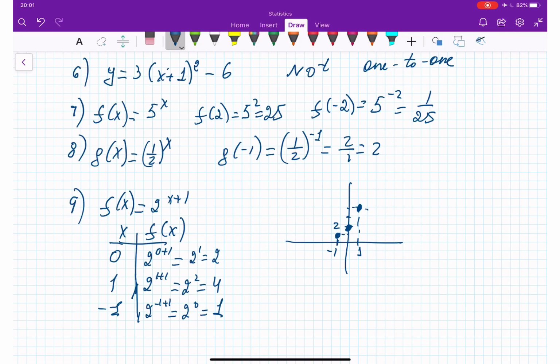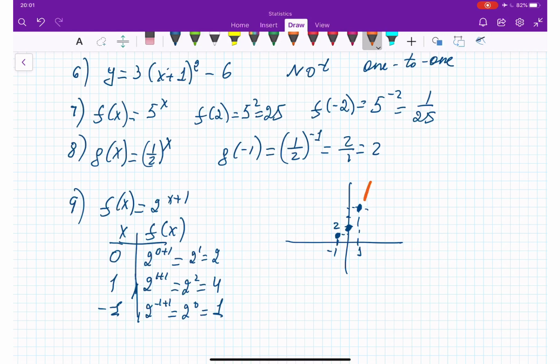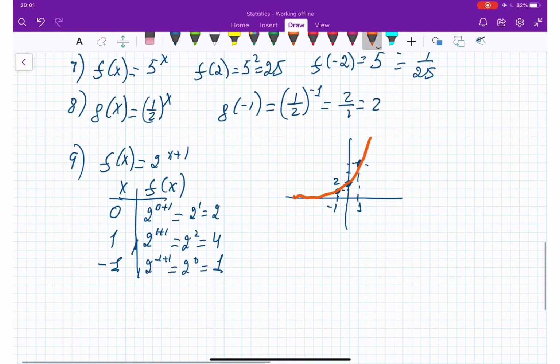So the graph is going to look like this. Well, it's not crossing the x-axis, it's just going very, very close, because the x-axis is an asymptote.